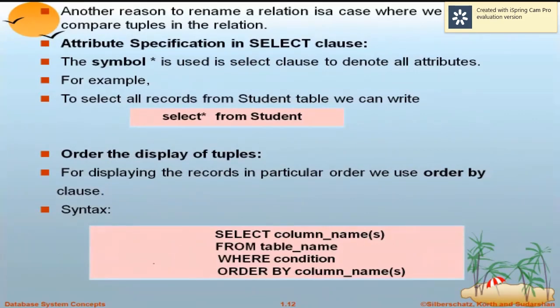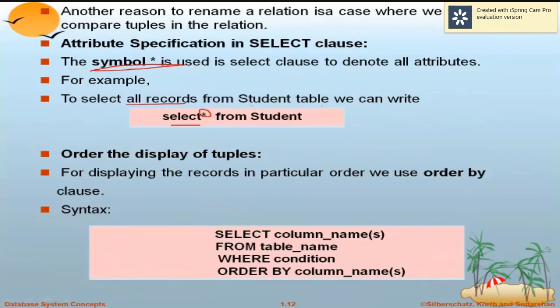Next one is about the symbol star. What is the functionality of the symbol star? Let's see. When I write something like this, select star from student, what is it going to do? It is going to select all the records from the student table.